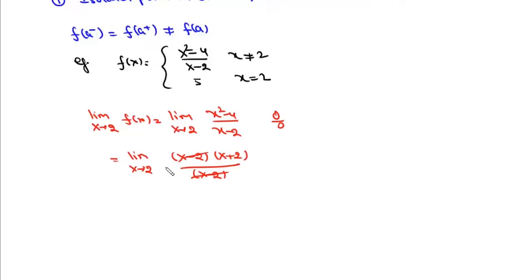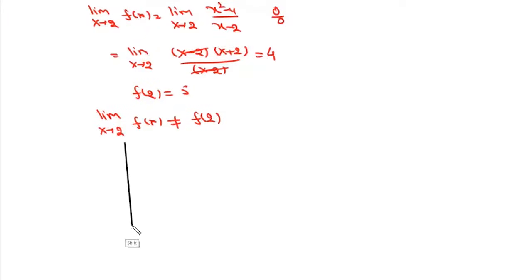Now this x − 2 will cancel, and from direct substitution we'll get the value of limit as 4. And if we look at this f(2), value of f(2) is 5. So in this case, this limit x tends to 2 f(x), it is not equal to value of this function at x equals 2.